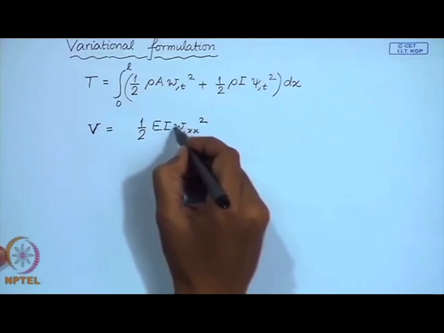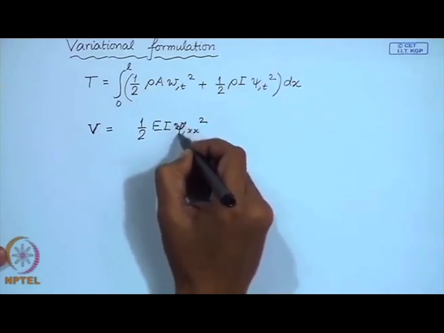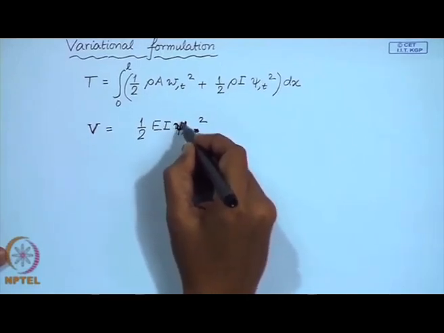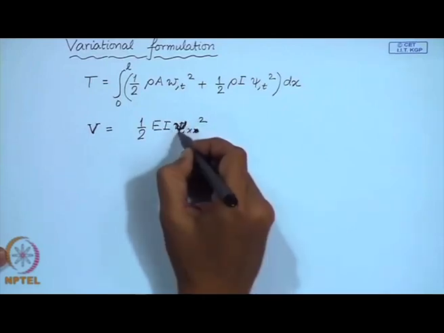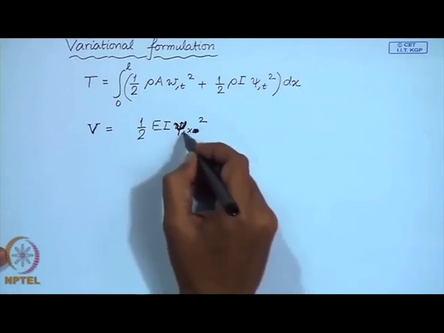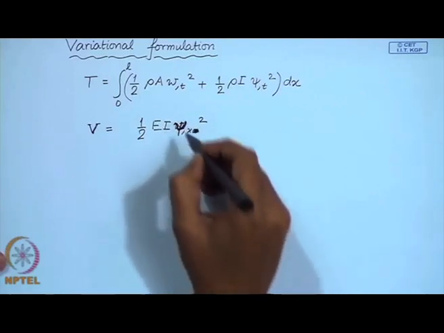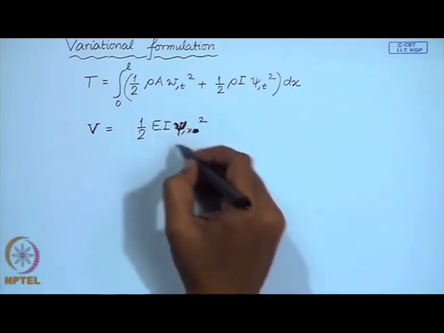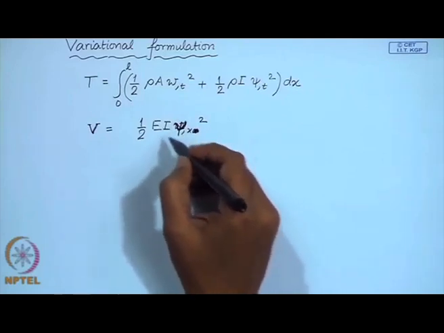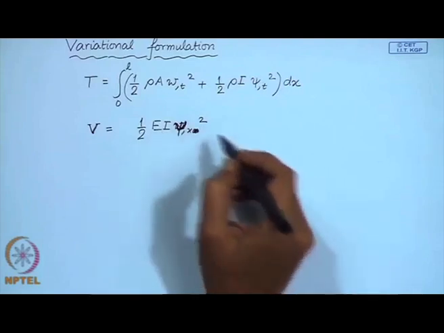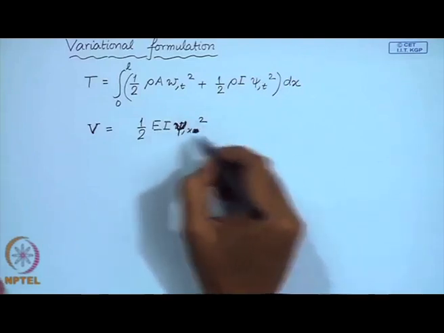This we have written in terms of psi, a single derivative, and that is the expression that we have for the stress and strain. So, the product of those two will give us the potential energy.